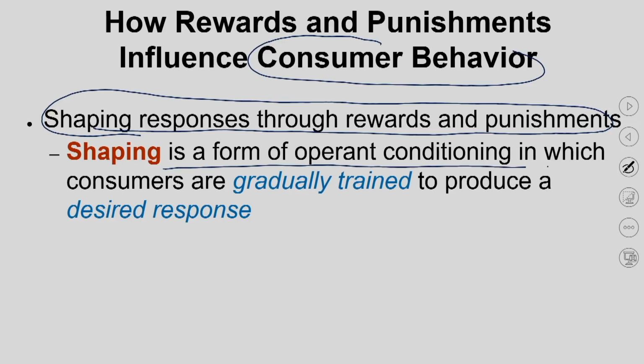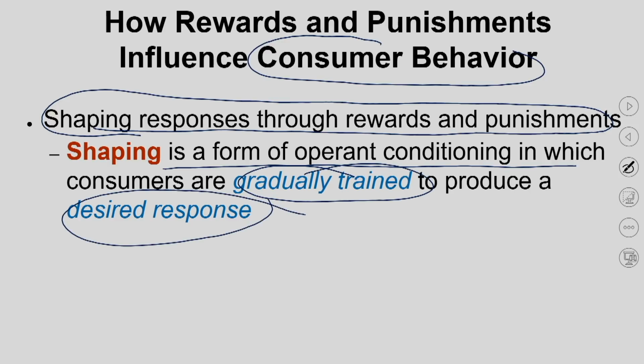Shaping is a form of operant conditioning in which consumers are gradually trained to produce a desired behavior. You give some positive things to consumers, small benefits, so that they start liking your product or your brand. Sometimes they are given coupons, price discounts, and different kinds of benefits, so that they are trained to like your particular brand. That is what shaping is.